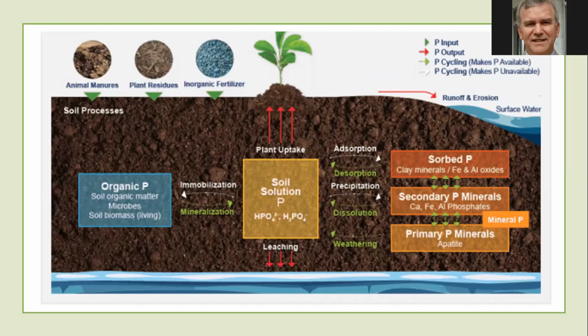On the left-hand side, through the process called mineralization, here you have organic forms of phosphate. So this is where phosphorus is embedded into molecular forms, molecules, the chemistry of that is what we would call organic chemistries in the soil.